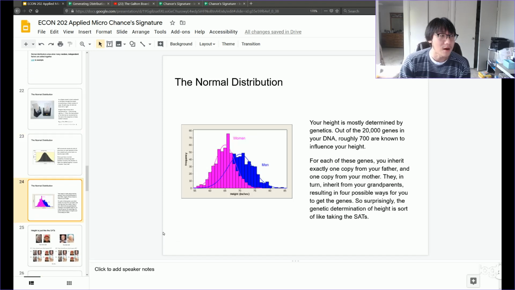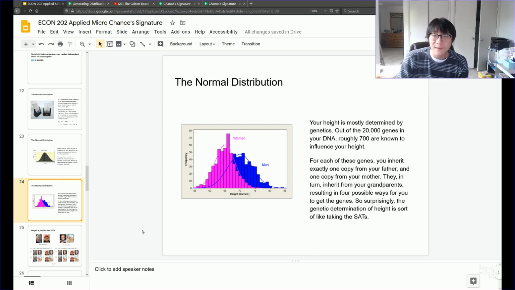Finally, what about height? You go, there's no way height is the sum of a bunch of random choices. Is there? Well, the answer is actually yes. As you guys know, height is primarily genetic. Okay, so it's not entirely genetic. What nutrition you receive as a child also influences it, but much of height is basically genetics.